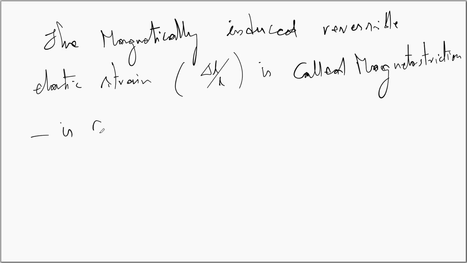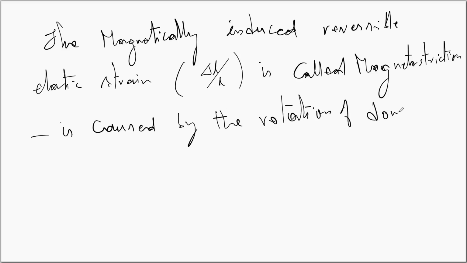It is caused by the rotation of domains. What domains? The magnetic domains. The rotation of magnetic domains gives rise to internal strains in the material, causing its contraction or expansion.